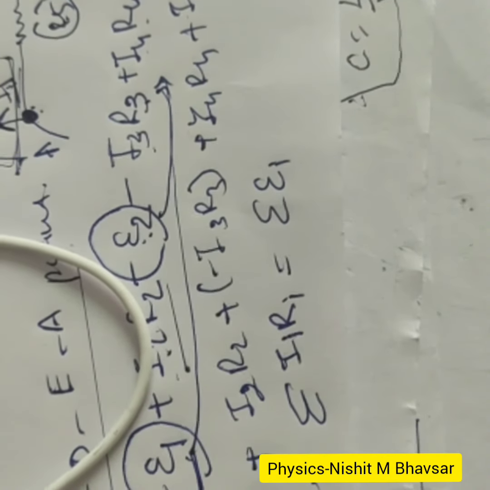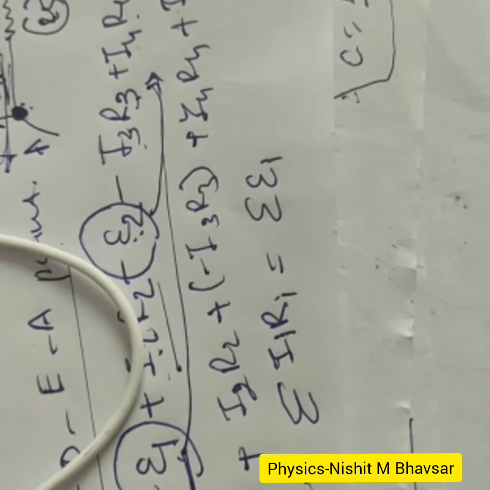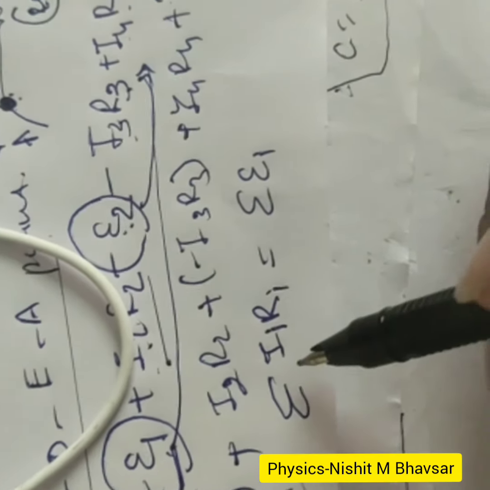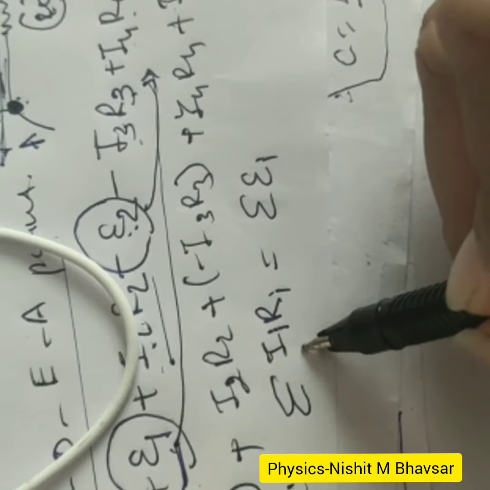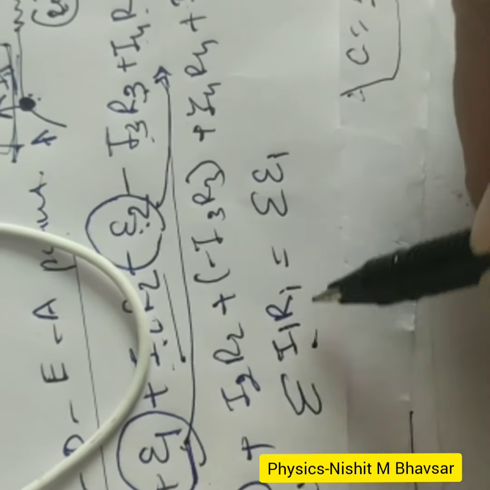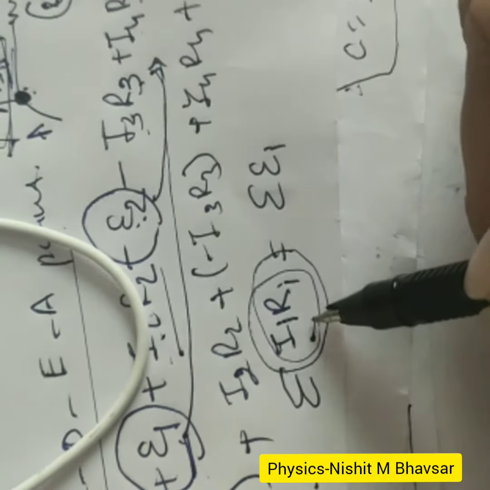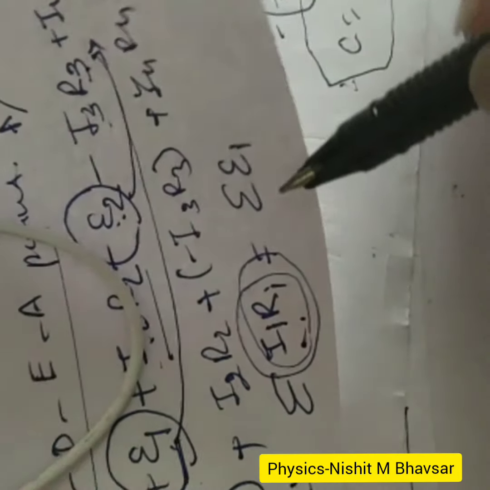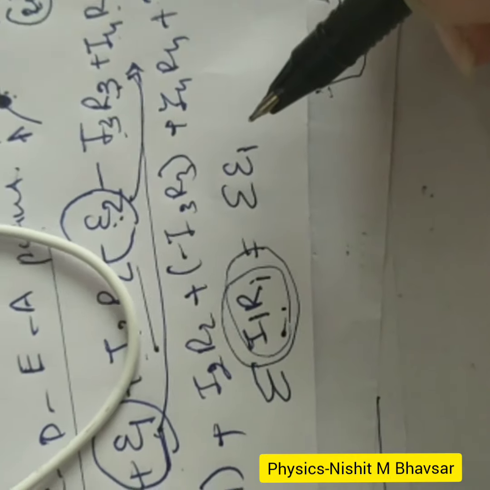So what do we mean by this? This is Kirchhoff's second law. The algebraic sum of the potential changes around a closed loop involving resistances and cells is 0.